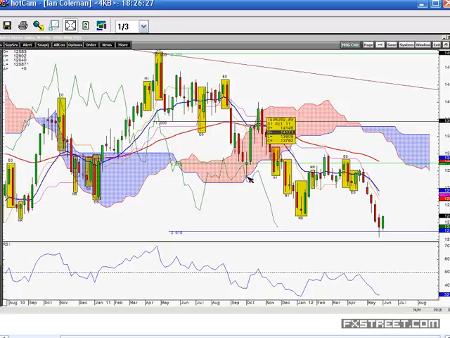We move in, we use the cloud as support, move back out, cloud as resistance, come out, we break out. It's a good breakout. But what we normally do, like wedge formations, triangle formations, etc., it comes back to retest the breakout. Oh, sorry, the cloud breakout.